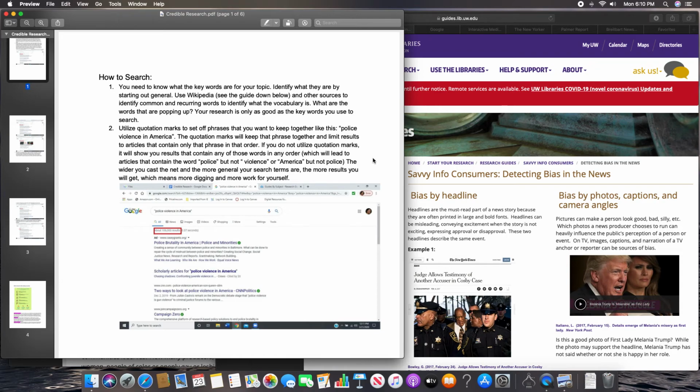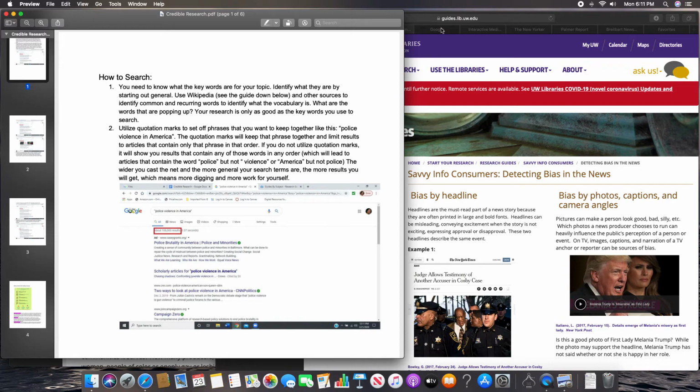So make a note if the word police violence, for example, as we see here, is what's being used. Or if there is another term, are they using police brutality or are they using police violence? Okay, so think about the language that these articles are using as well.